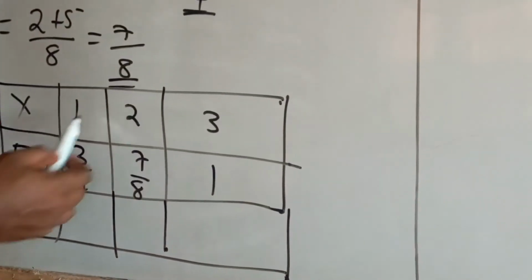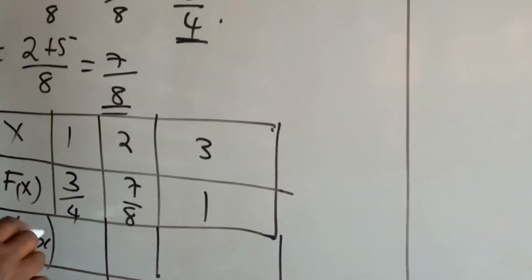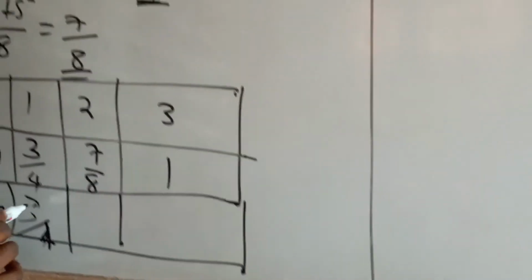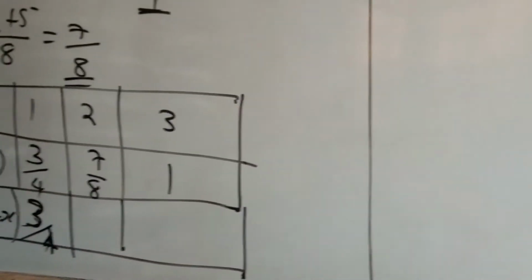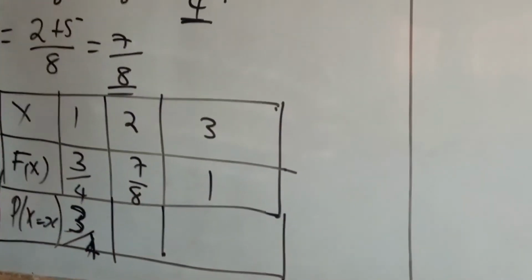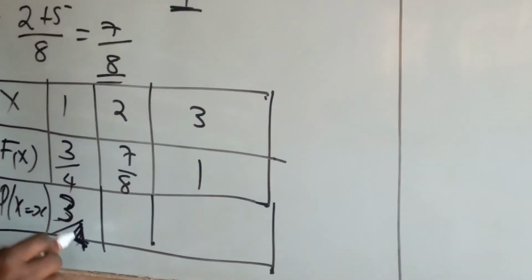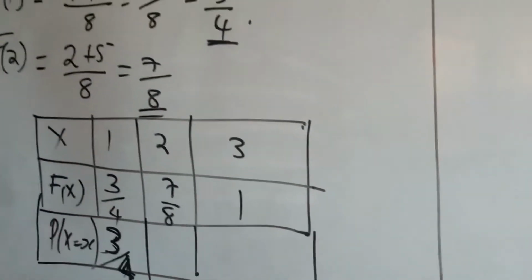The probability of 1 will remain 3/4, simply because even when it was the cumulative distribution function, it was standing alone and was not added to something else.